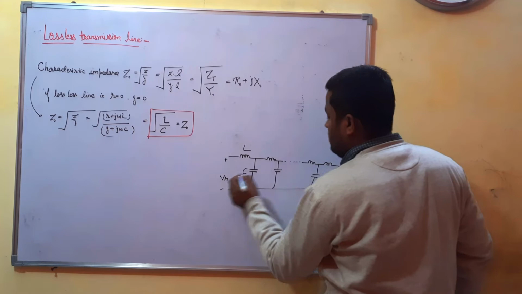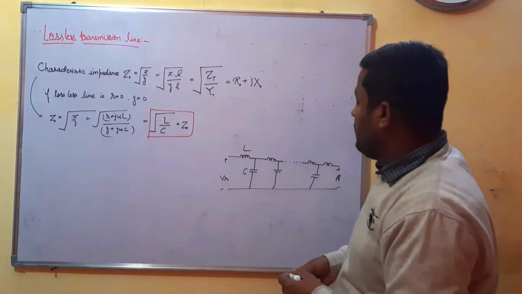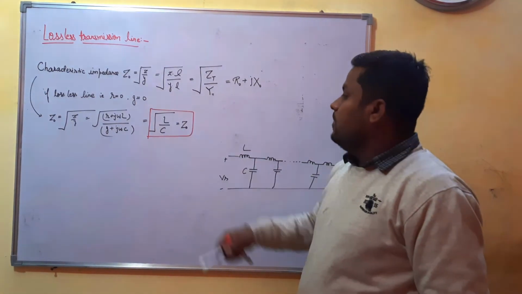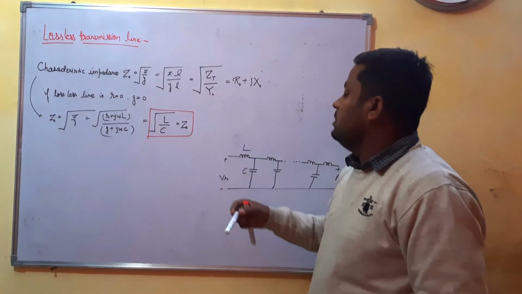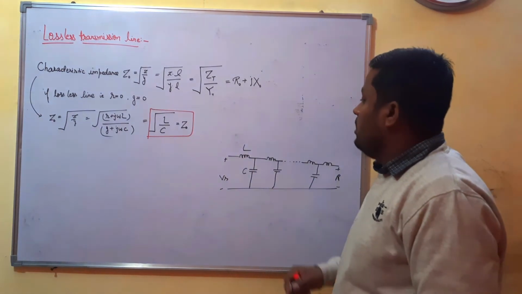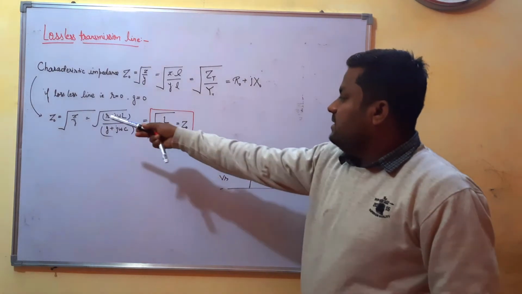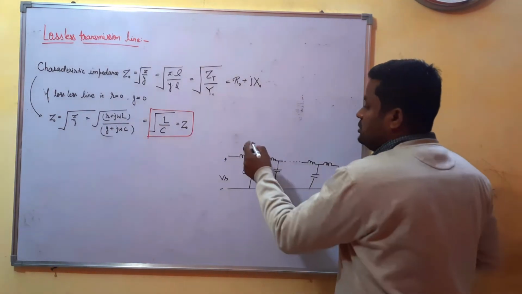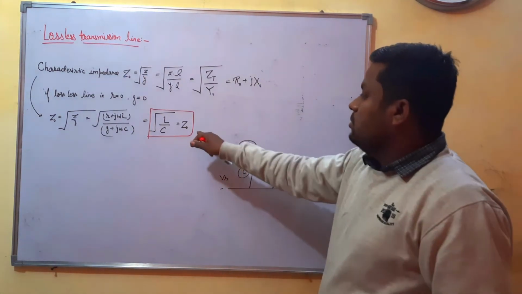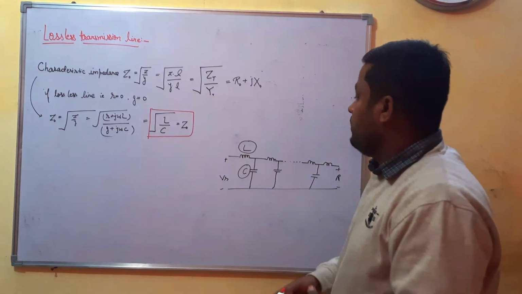This is Vs and this is Vr. L is the per unit length inductance of the line, and C is the per unit length capacitance of the line. So the characteristic impedance is the ratio of two parameters, and it becomes the square root of L by C.